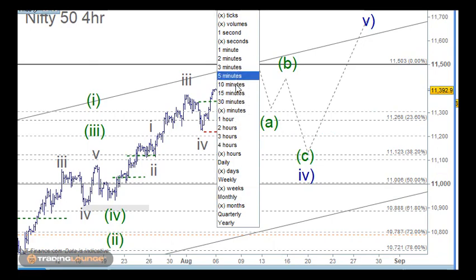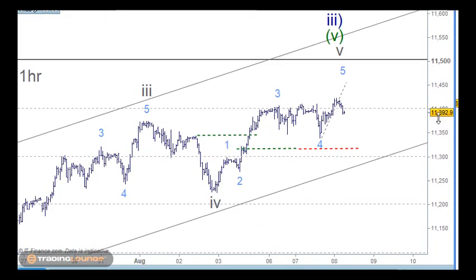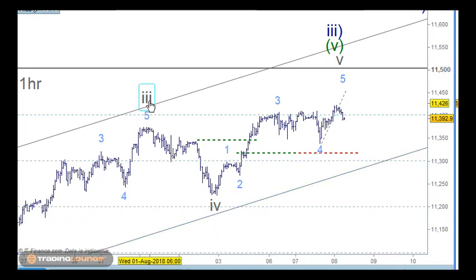In this wave 5 on the hourly chart, we were looking at this as wave 3 here. We're looking for our wave 4 pullback, which came a little bit lower than I expected, but it's okay. So in the move up here, we're looking for wave 1 and 2, and then wave 3. I made a mistake and thought this could have been wave 4 here, but it's just gone a bit larger in terms of an A wave, a B wave, and a C wave here.